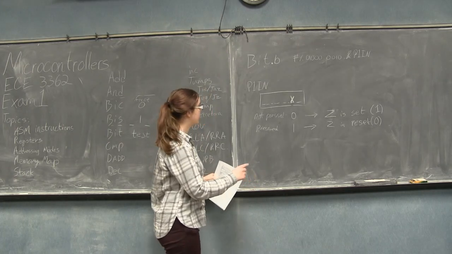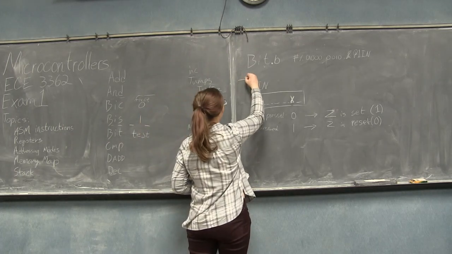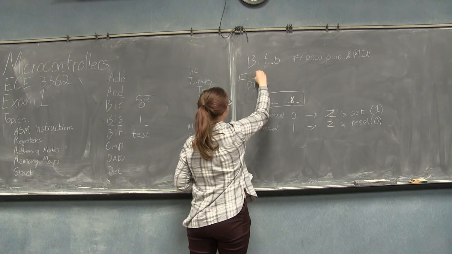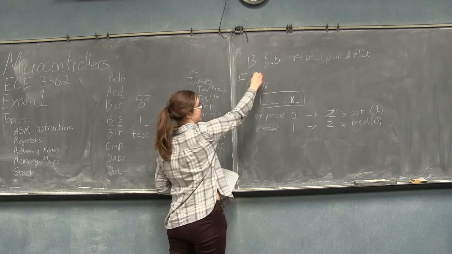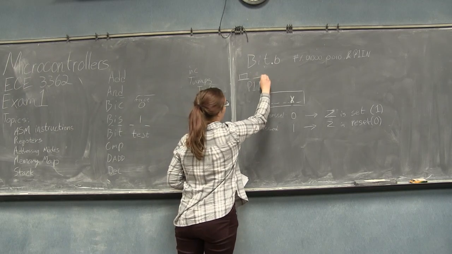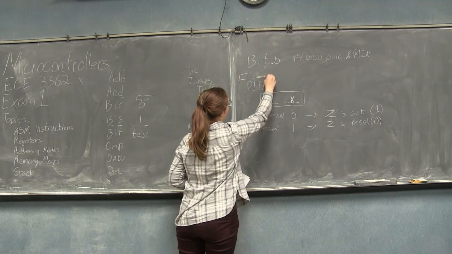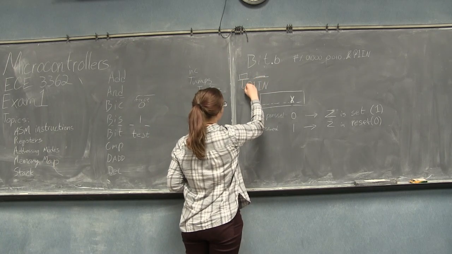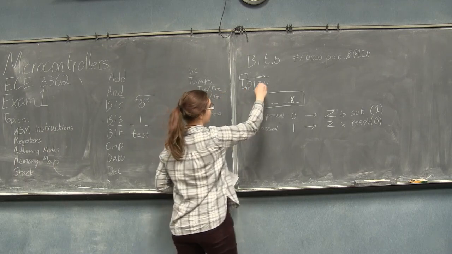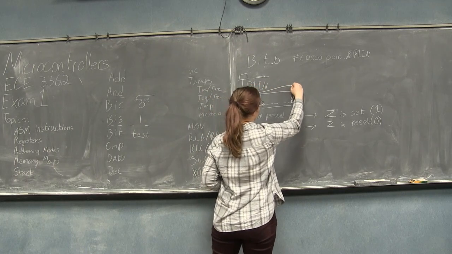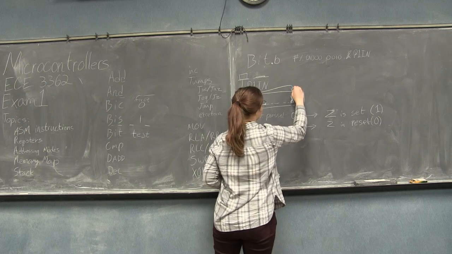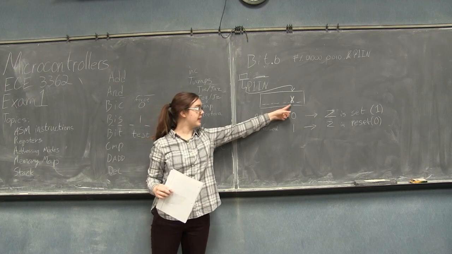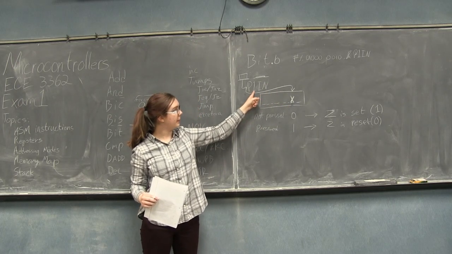So the setup that we have here is we have a button that's either not pressed or pressed. And it's connected to a wire that feeds into port 1 in. And you can see it in the registers in the microcontroller in this place, in this register, port 1 in.